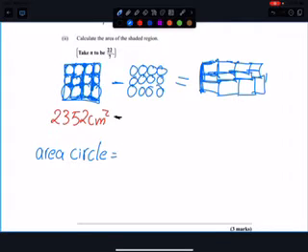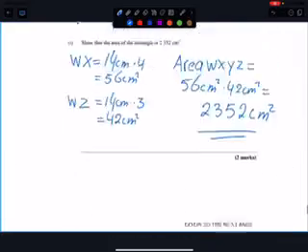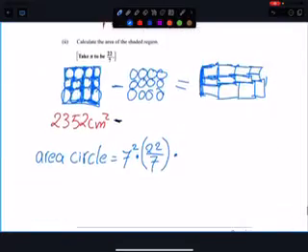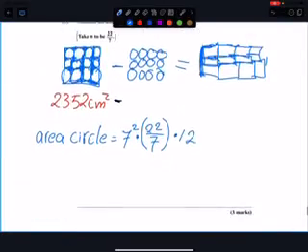The radius was 7, squared, multiplied by 22 over 7. In your calculator you do this, place brackets. Multiplied by the quantity of circles, which is 12 if I'm not mistaken. Yes, multiplied by 12.